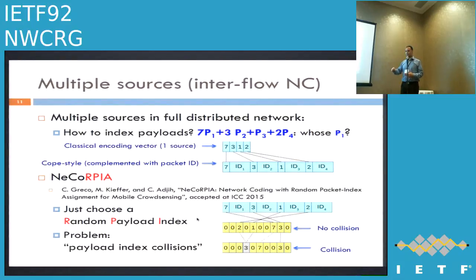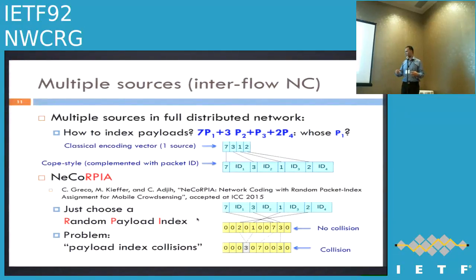But in our context, we are going fully distributed, so we don't know what all the nodes in the network are, and we don't necessarily know how to assign an index to each node. So here we have proposed a technique called Necopia, which will be presented in the ICC conference in June, where it's very simple. We still have this encoding vector, and every node, when it generates one packet, takes a random index inside the encoding vector.